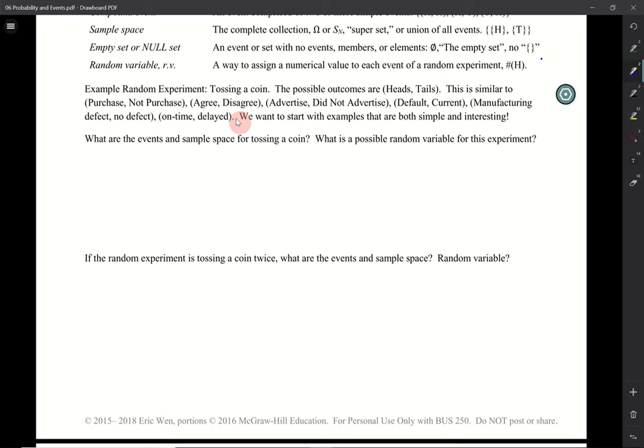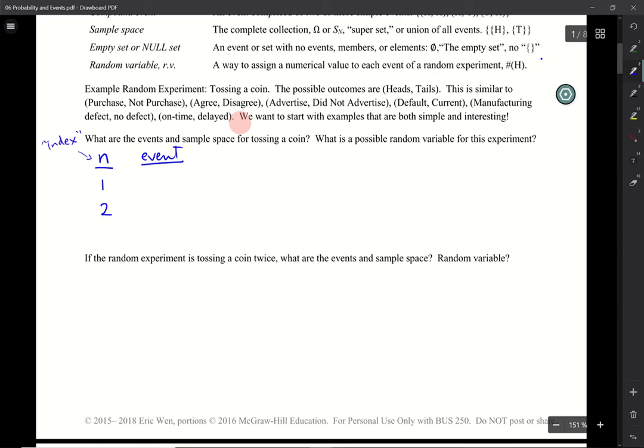So when we want to enumerate, list them out, it's not required to have this sort of index, although sometimes it can be helpful. And so sometimes you'll see people assign some kind of a number to it, but sometimes you don't. And so we could say heads, tails.